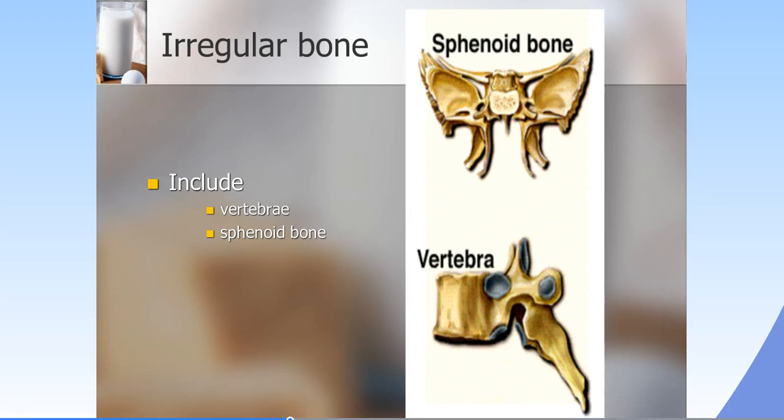There is one more bone classification, and that was the sesamoid bone. And on the list you would have seen the patella is listed as a sesamoid bone. The thing about sesamoid bones is we're not typically born with them. These are bones which are formed from within a tendon, usually due to repeated stress.